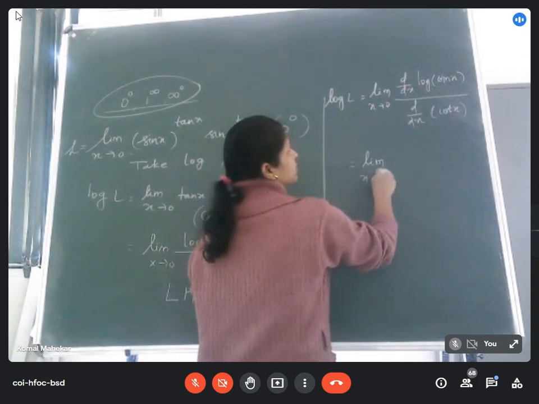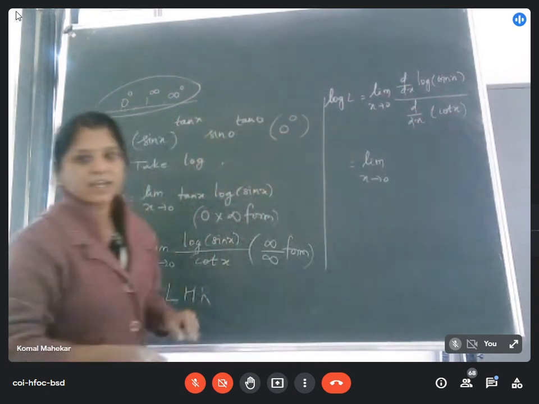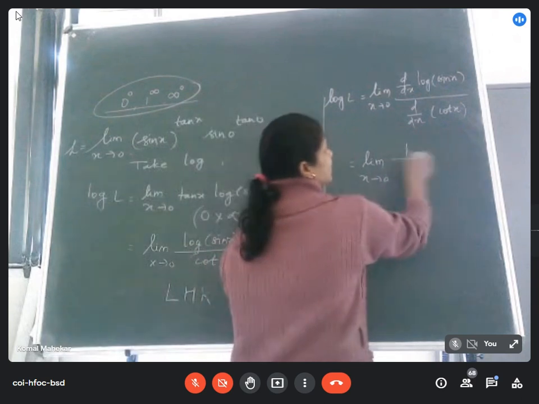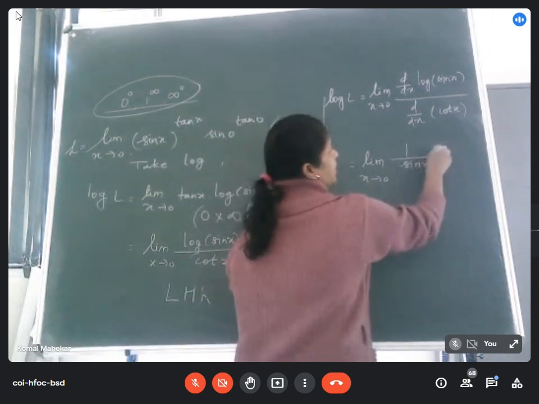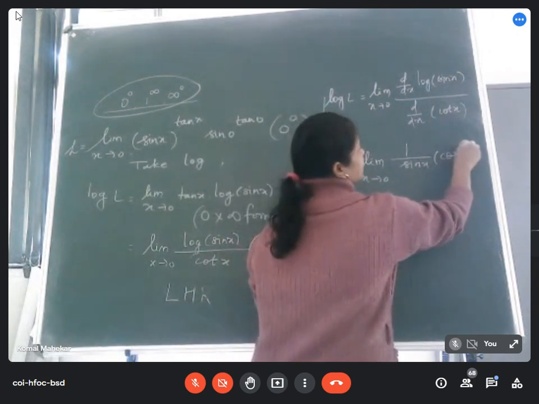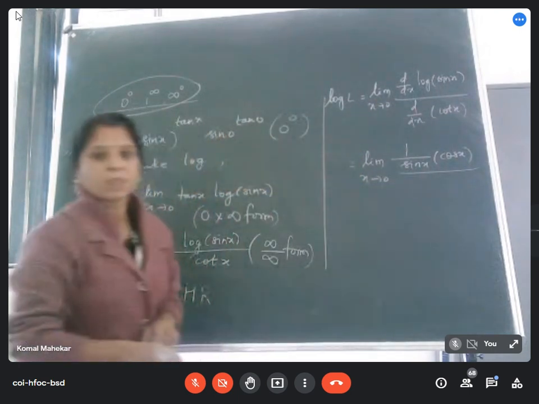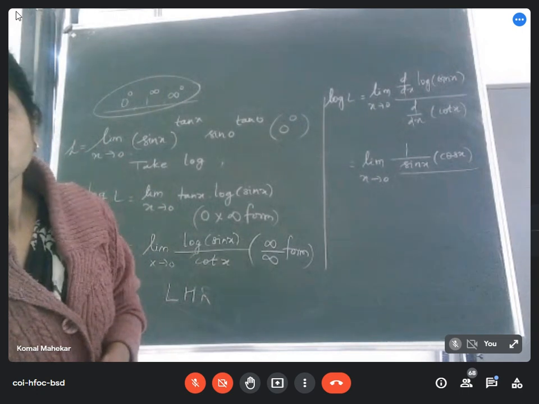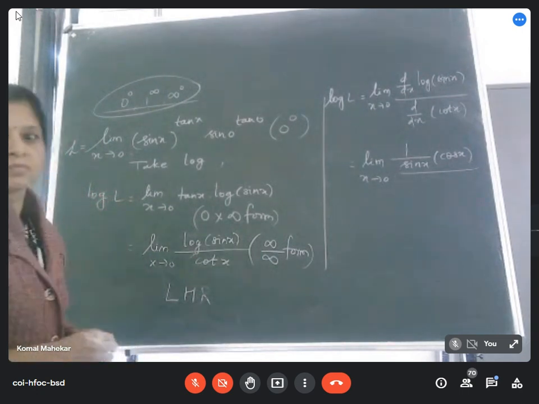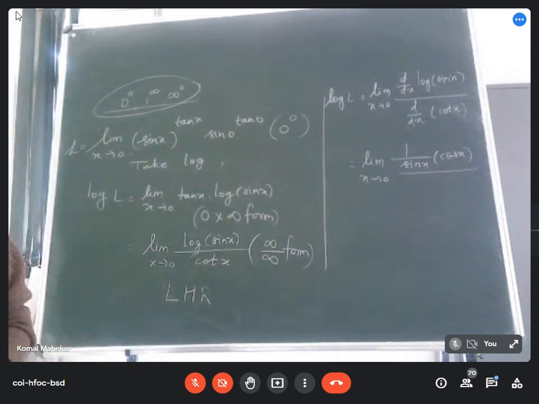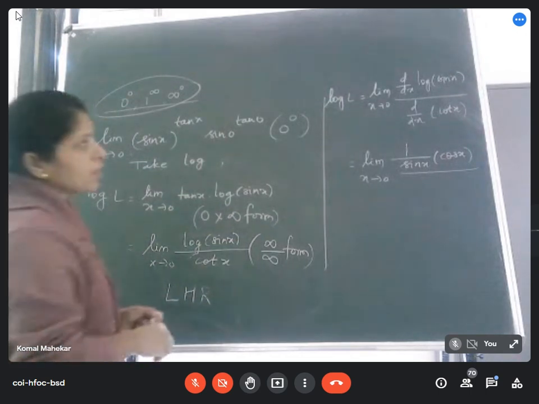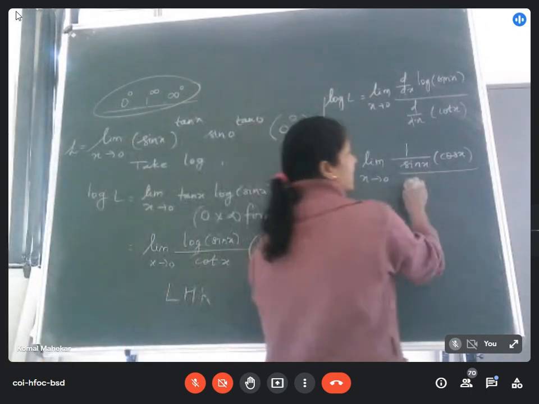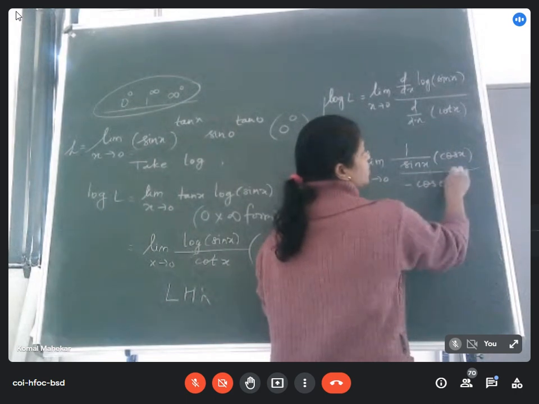Derivative of log of sin x is 1 upon sin x into derivative of sin x, that is cos x, divided by the derivative of cot x, that is minus cosec square x.